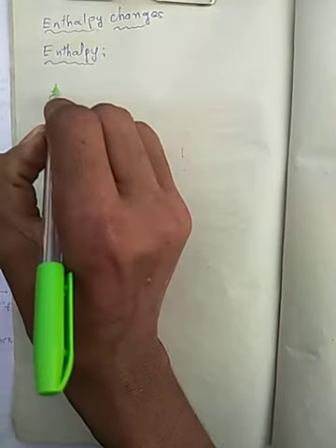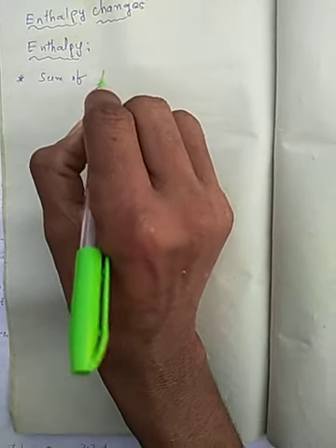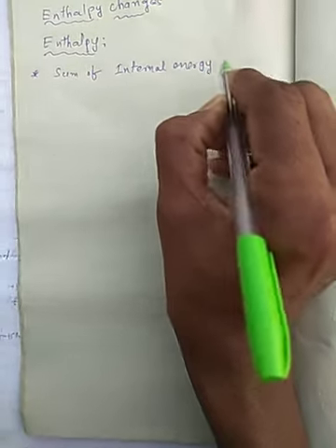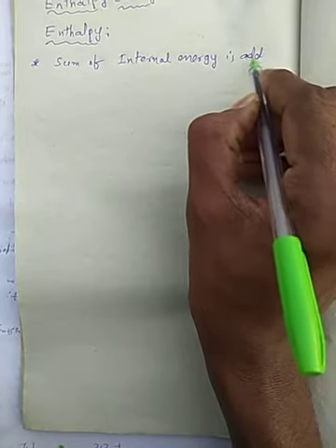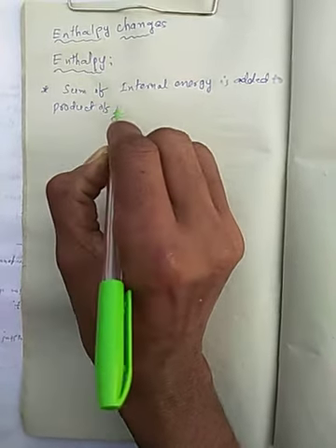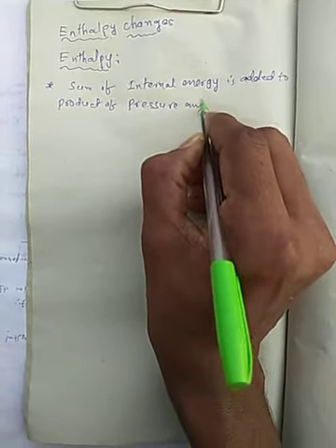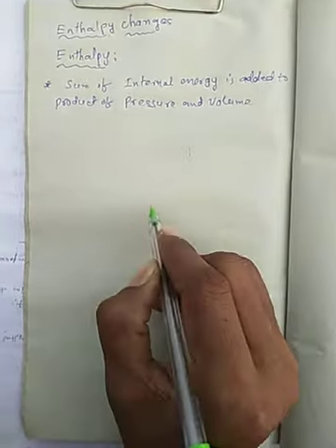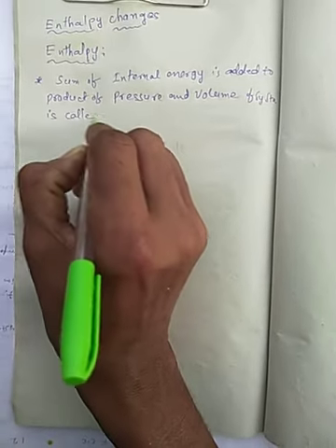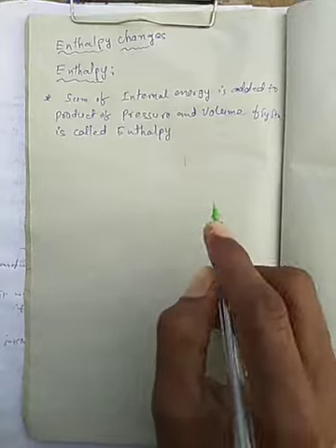The enthalpy is nothing but the sum of internal energy added to the product of pressure and volume of the system, which is called enthalpy.